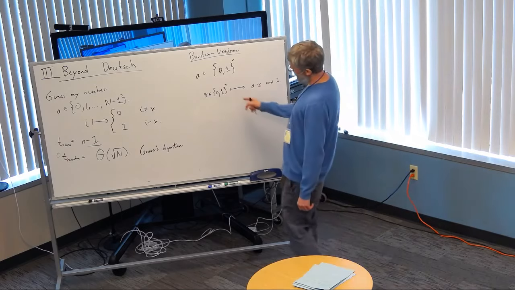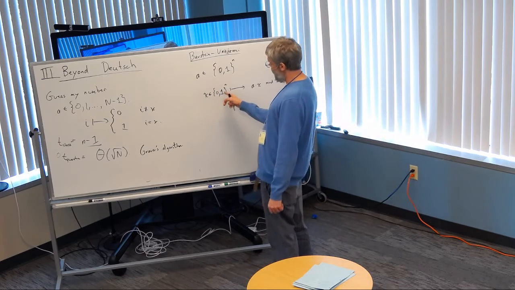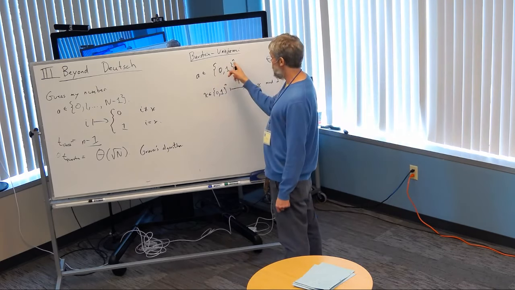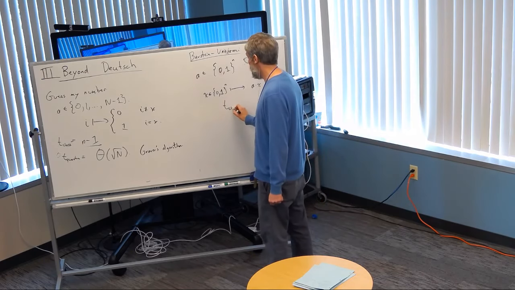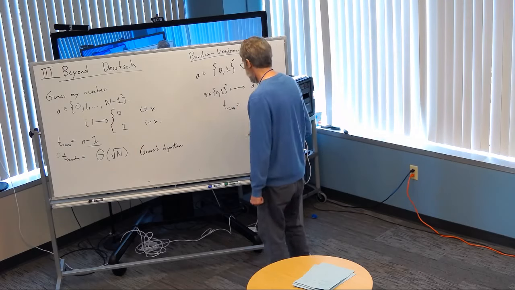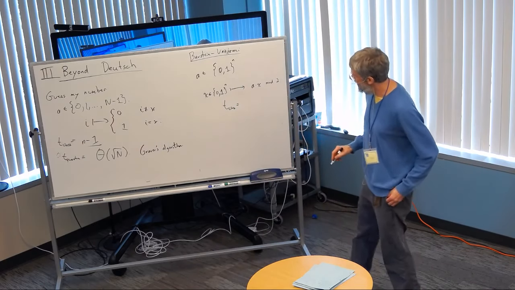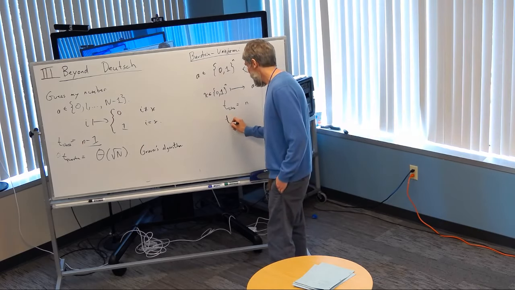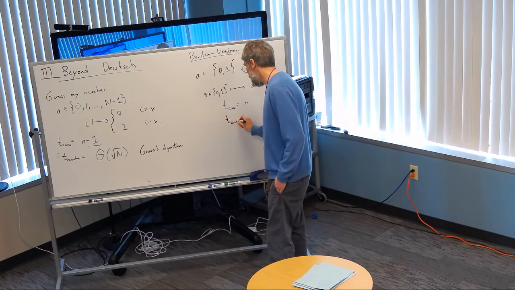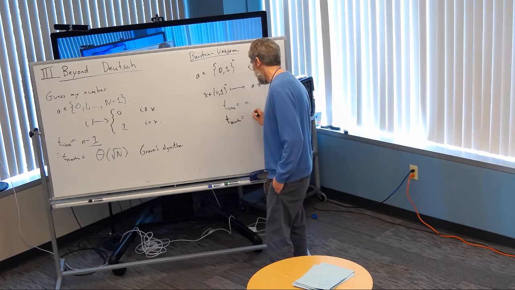So classically, you can pick off the bits one at a time, so little n queries are necessary. T classical is equal to n, little n. And T quantum is equal to 1.